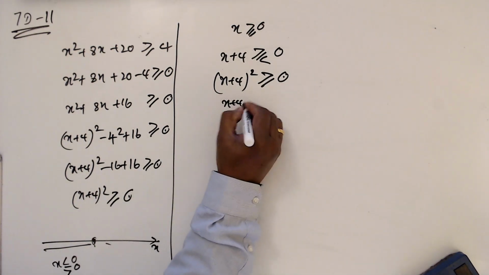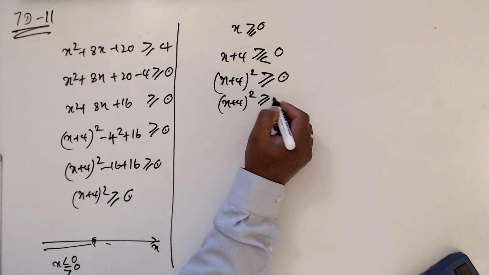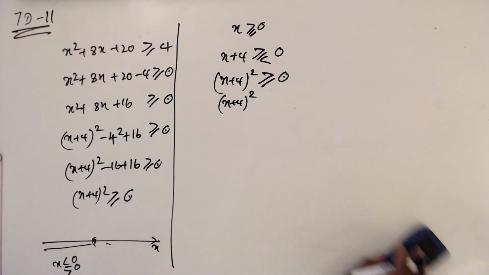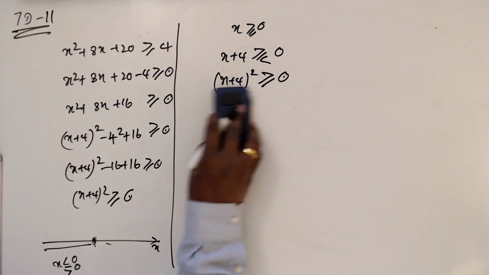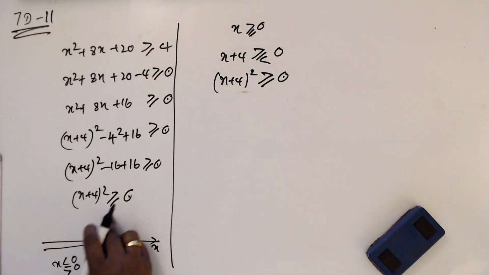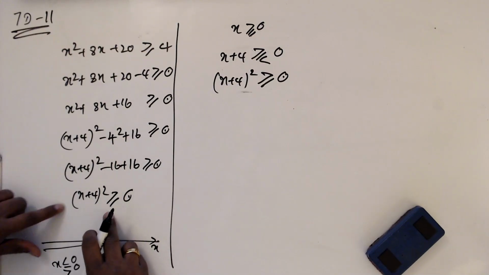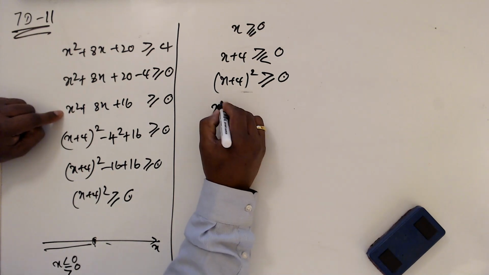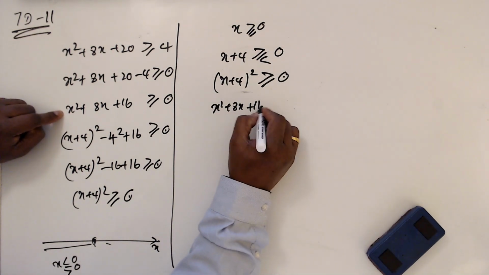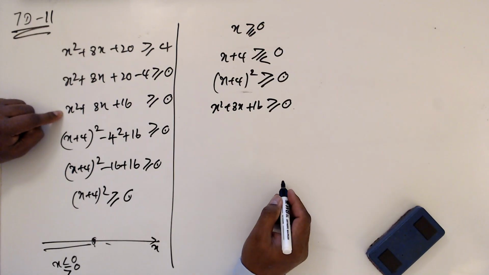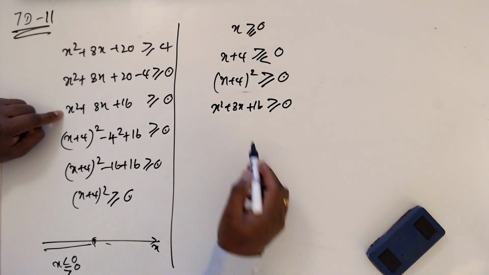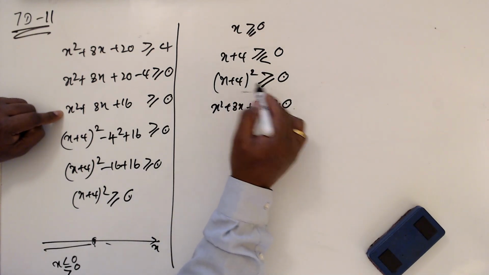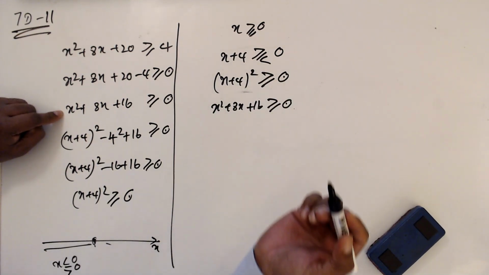Hence (x plus 4) squared greater than or equal to 0, like this. It means it's moving to here. I'll come to here: x squared plus 8x plus 16 is greater than or equal to 0. I give the argument because when we square x, it is always positive.